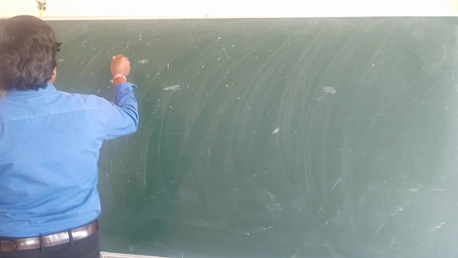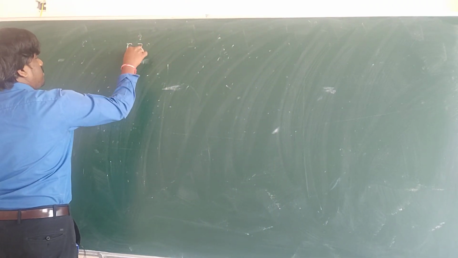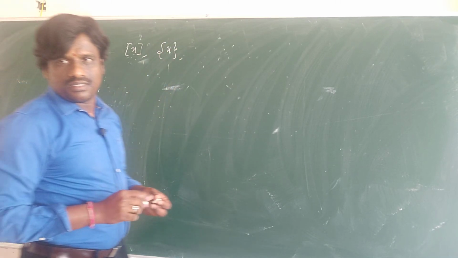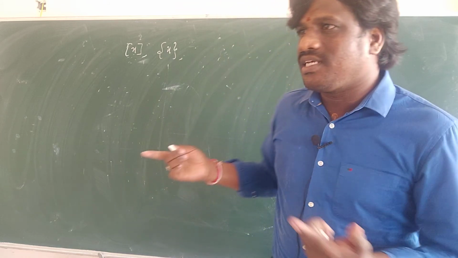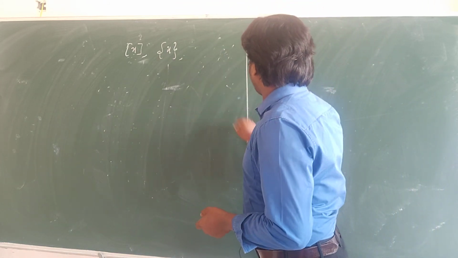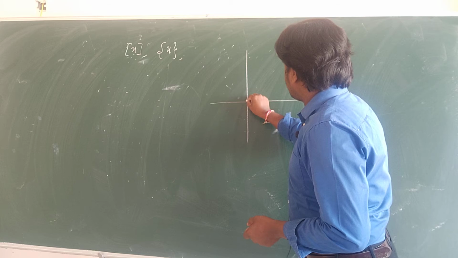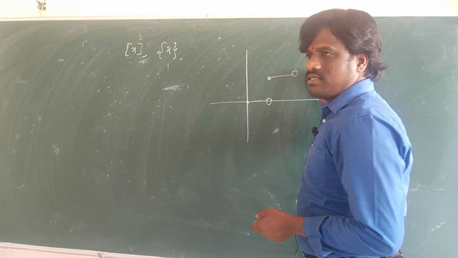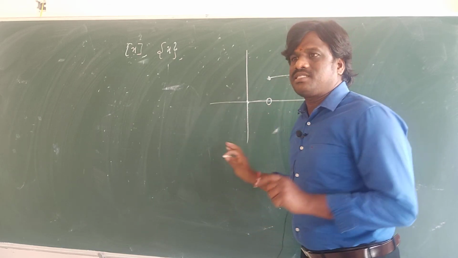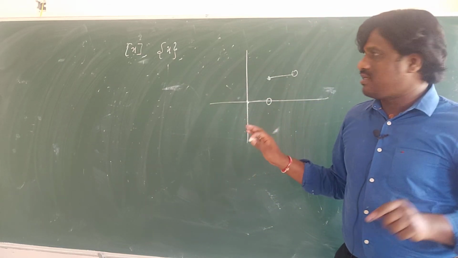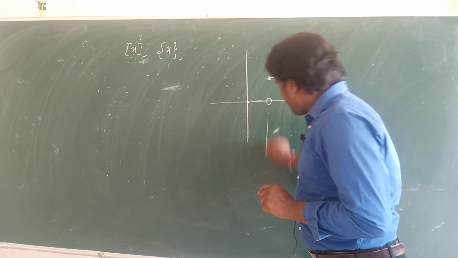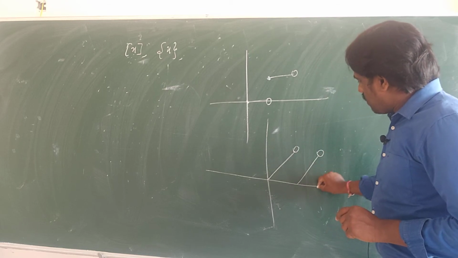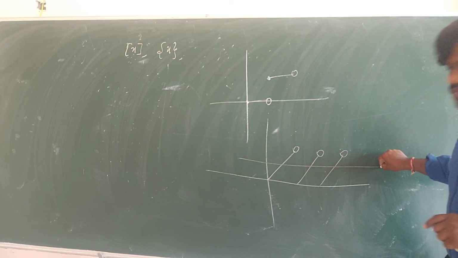See, are the greatest integer function and the fractional part of x 1-1 functions? No. Reason: what does the greatest integer function graph look like? From 0 to 1 open, here to here open, like this. If I draw a line, it touches many points, infinitely many. So it is not a 1-1 function. The fractional part graph will be like this, and if I draw a line, it will touch many points.